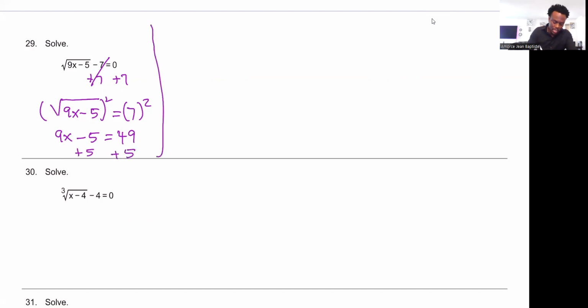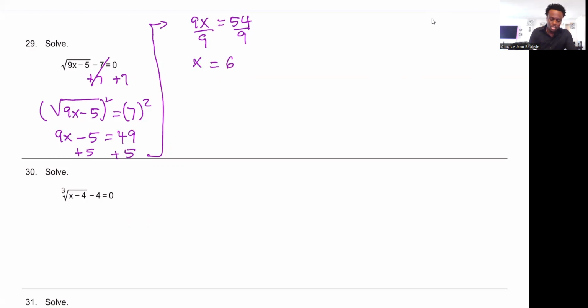So then we get 9x equals 54. Then we divide by 9, and then we get x equals 6.